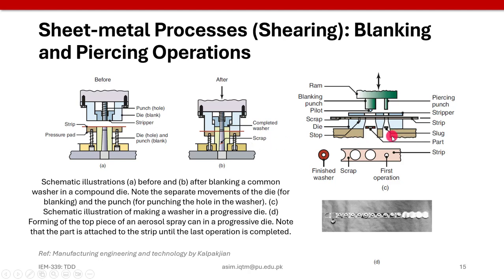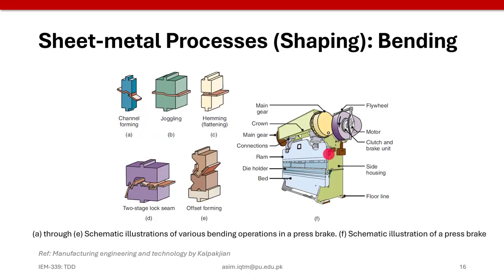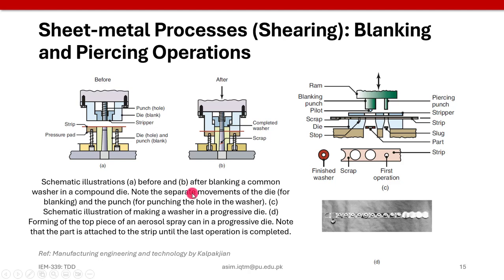So here you can see two different operations are performed in this progressive type of die, where blanking and piercing processes occur. You can see first the slug is produced, which is the first operation. Then we have the part, which is the required shape, and this strip is the scrap.